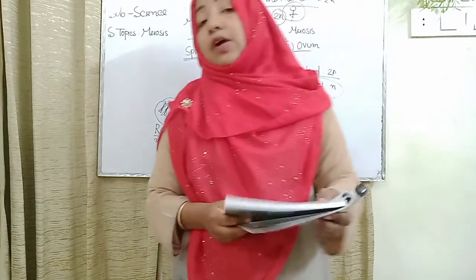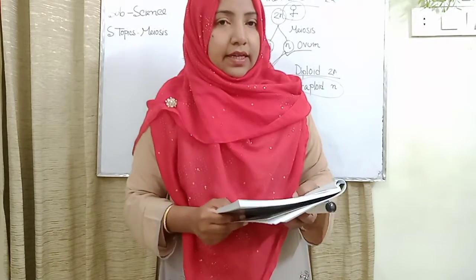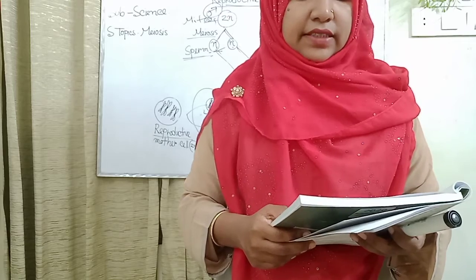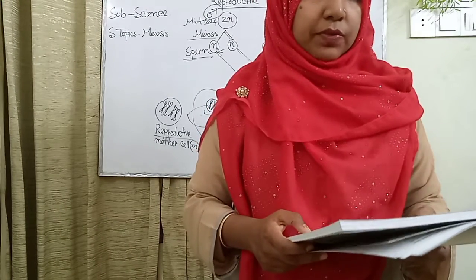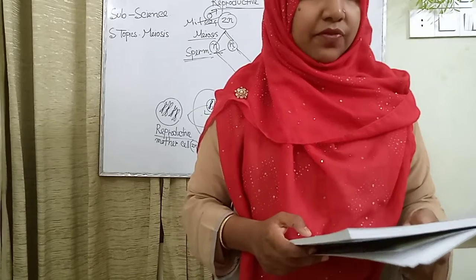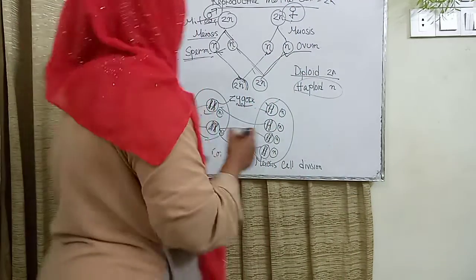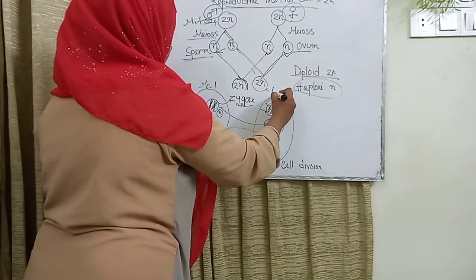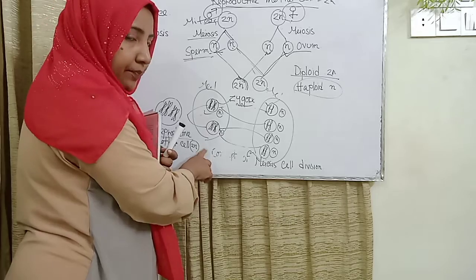Now I just explained about meiosis cell division. Yes, during meiosis cell division, a primordial germ cell is divided in two successive phases. The first phase is called meiosis 1 and the second phase is known as meiosis 2. Again I repeat, this category is meiosis 1 and this category is meiosis 2. Please everyone draw this figure again.